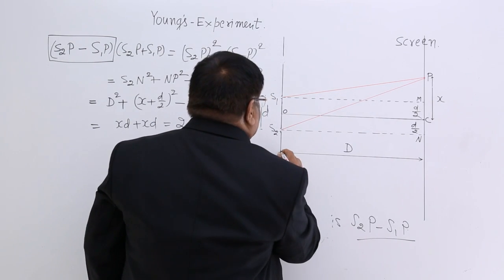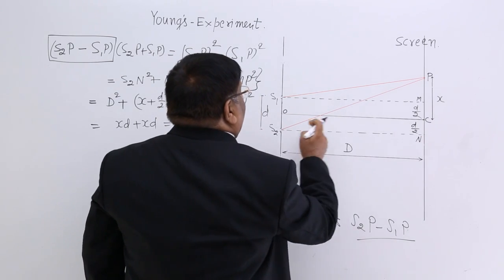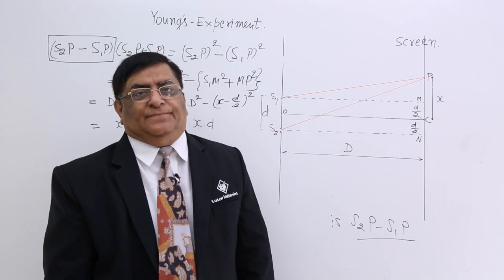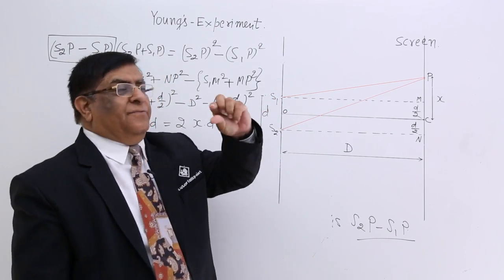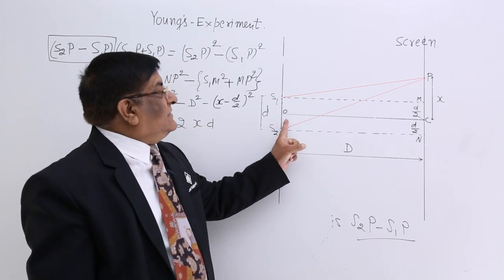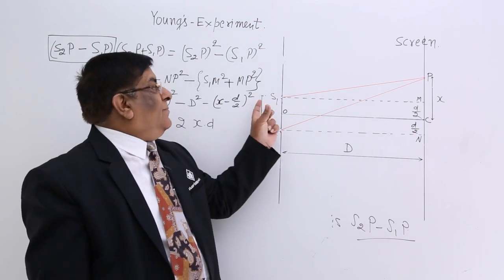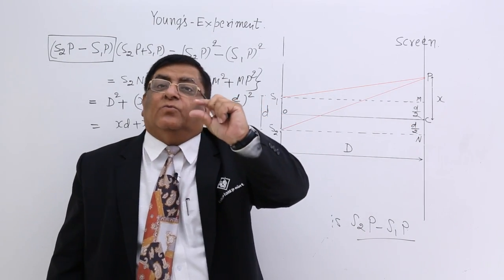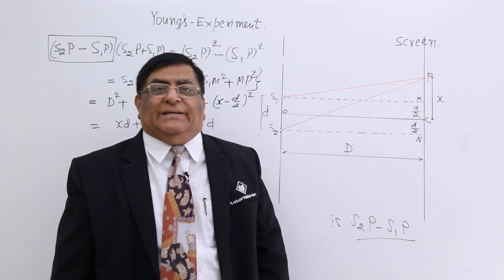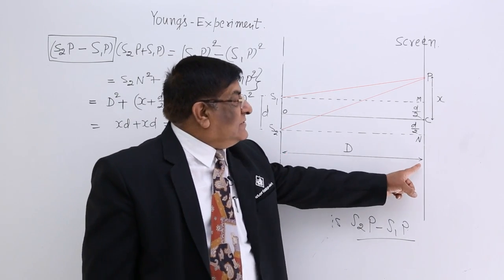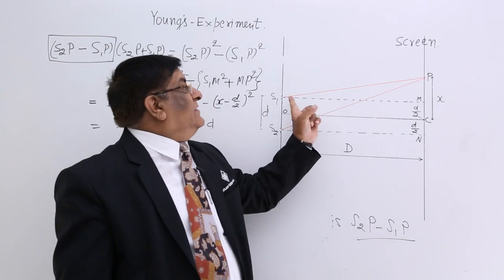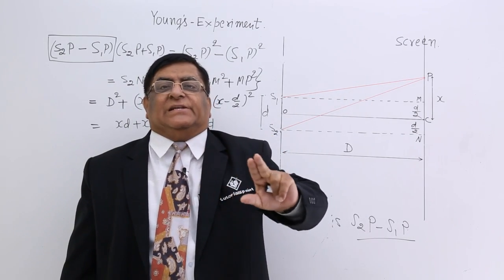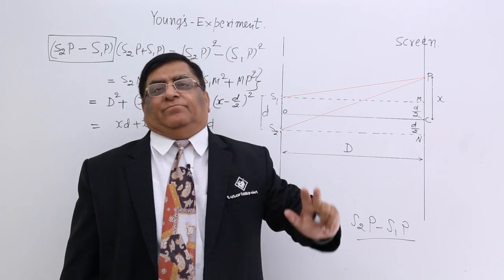Now D is the distance between screen and this opening. Practically, when we do this, this distance is very small and this distance is very large compared to it, and this height is also very small. So practically, when it comes to addition, all these three distances are approximately the same.